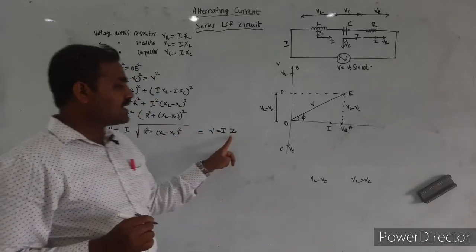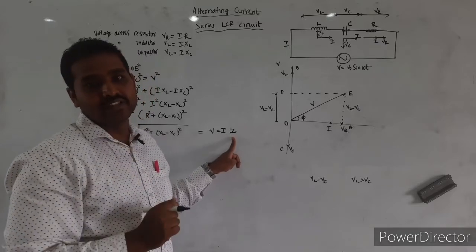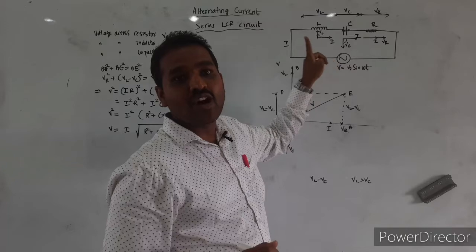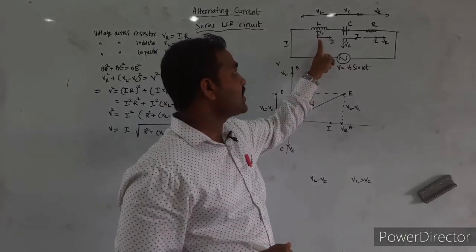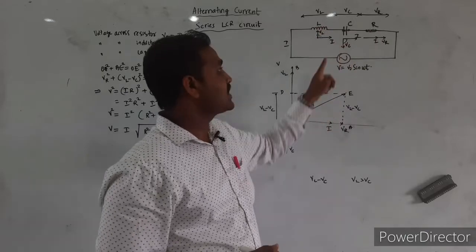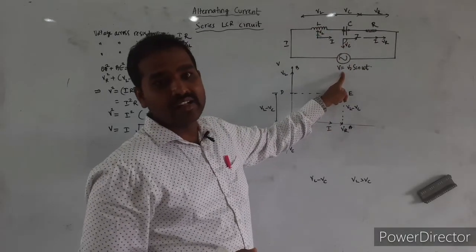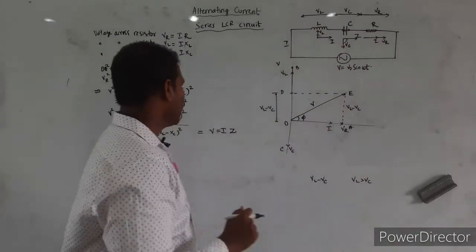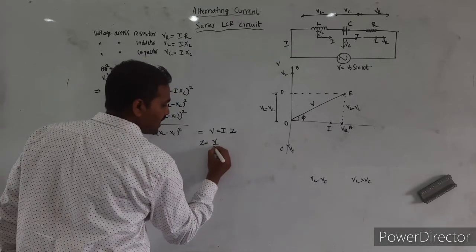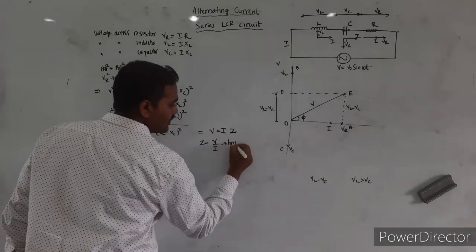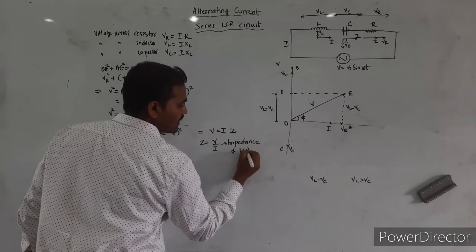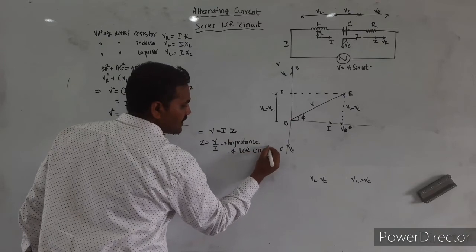This Z I call the impedance of the circuit. Impedance is the effective resistance offered by the series combination of inductor, capacitor and resistor, which are connected across the alternating voltage V. So Z is equal to V divided by I. This is the impedance of the LCR circuit.